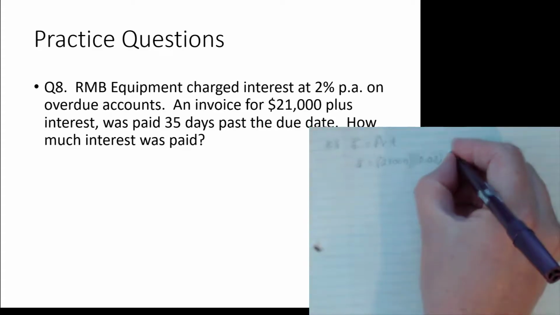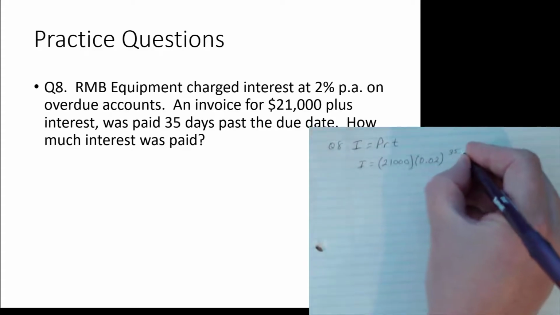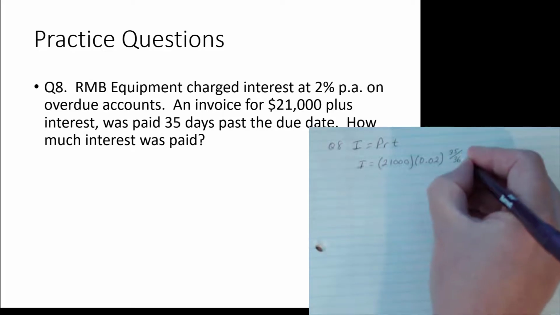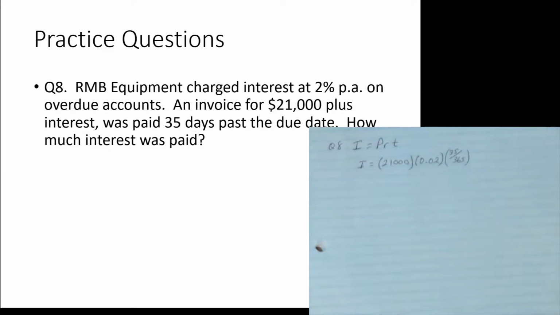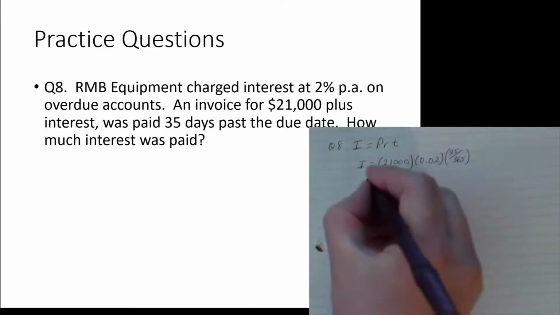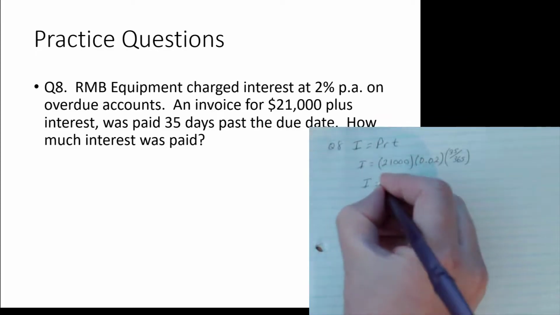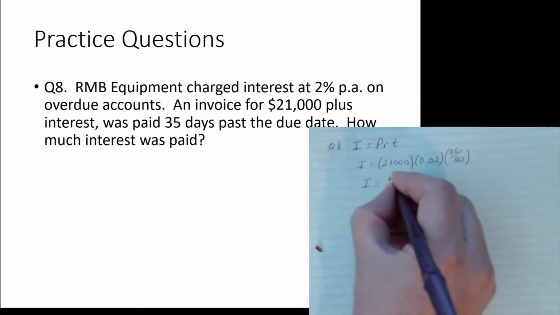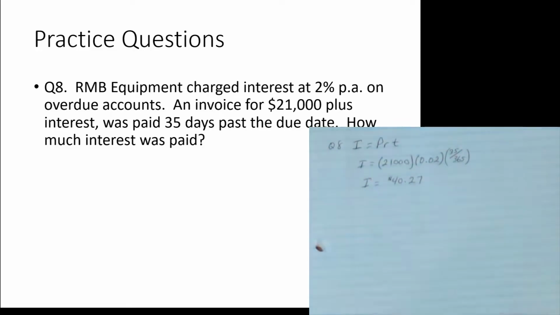And 35 days, because this is annual, it's 35 days out of 365, right? And 35 365ths. Run through, do the really simple math, and we get $40.27. Okay? But the key thing is the formula is pretty straightforward, but knowing which formula to use is the important thing. How much interest was paid?